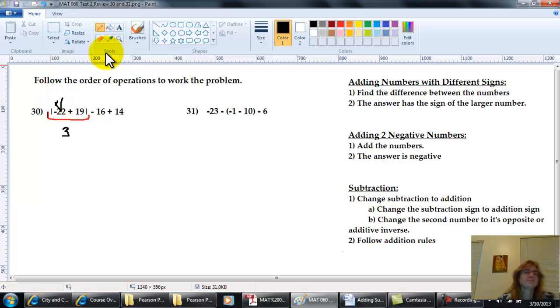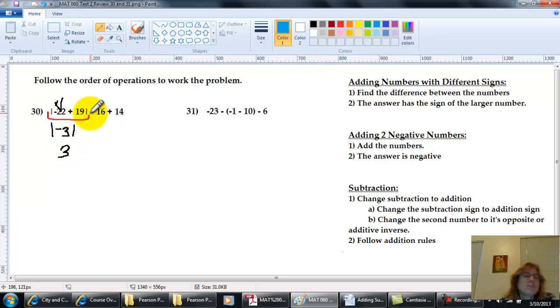So our answer is negative 3. However, it's the absolute value of negative 3, which is 3. So we have our answer to what's inside the absolute value signs.